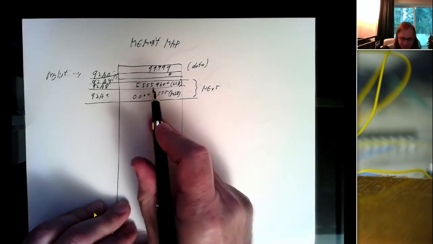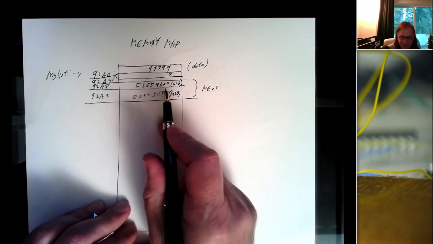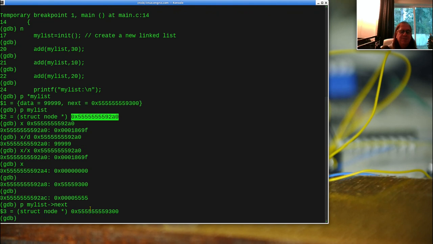So if we put this and this together, what do we get? 0, 0, 0, 0, 5, 5, 5, 5, 5, 5, 5, 5, 9, 3, 0, 0. And if I say print my list arrow next, that's exactly what we see. 8 5s followed by 9 3 0 0.